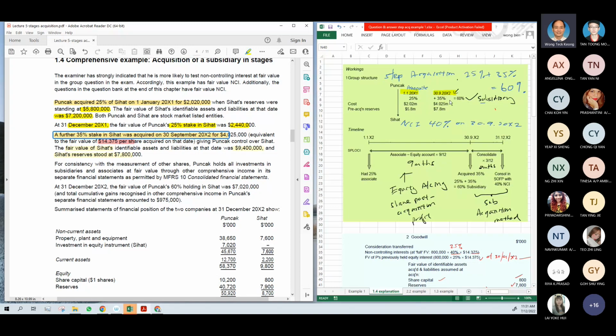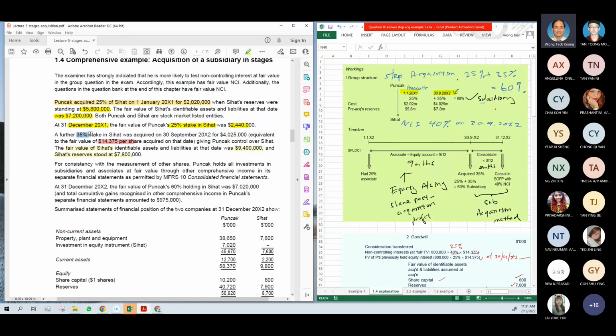So in X2, the first 9 months it is an associate. The balance of 3 months it is a 60% subsidiary from 1st October onwards. Be very careful on the date. This is given in the timeline here, in green color. Following this is critical.